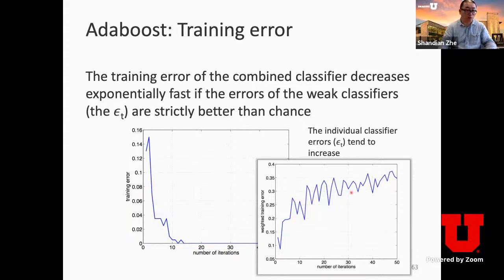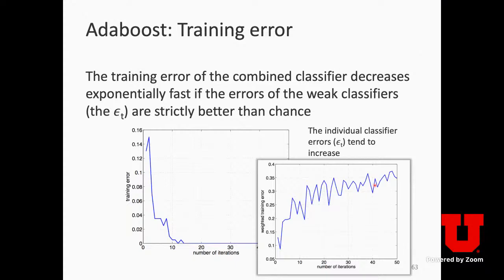I just want you to think about it. The whole behavior of AdaBoost, the training error, is decreasing very fast, or exponentially fast, along with more and more weak classifiers. But for each individual weak classifier in the later stage, its training error is actually increasing.